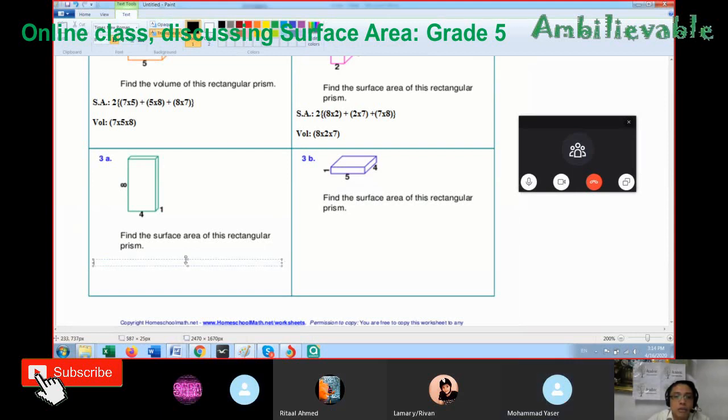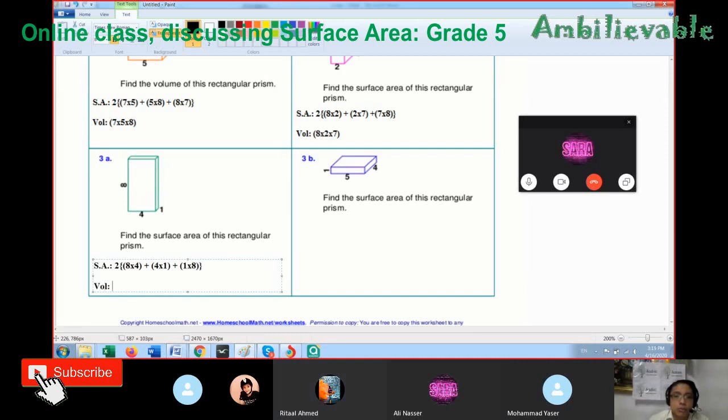Okay, now we have here surface area. Are you doing the answer now? Oh, not yet. The formula first. 8 times 4, close parenthesis, plus parenthesis 4 times 1, plus open parenthesis 1 times 8, close parenthesis, close bracket.